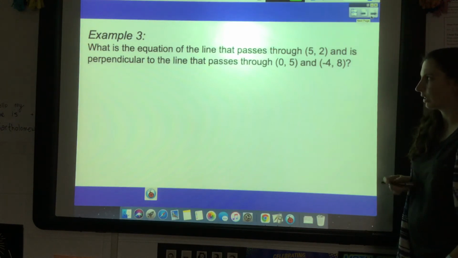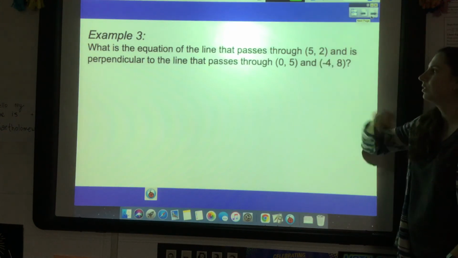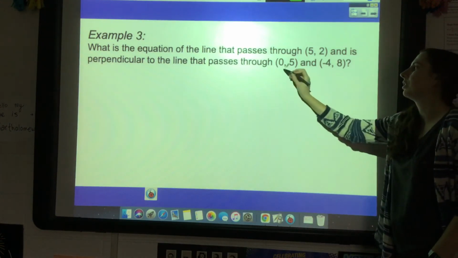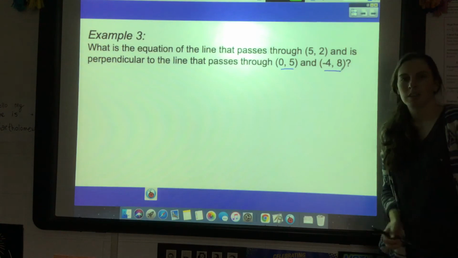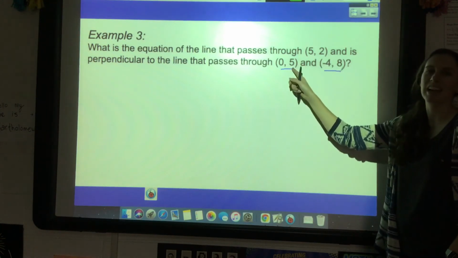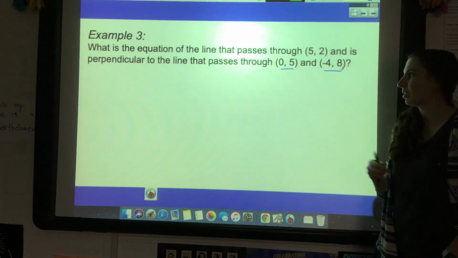This time I want an equation of a line that passes through (5, 2), and it's perpendicular to the line that passes through both of these points. So the first thing I need to do is find the slope of this line, and then I'll do the opposite reciprocal of that.